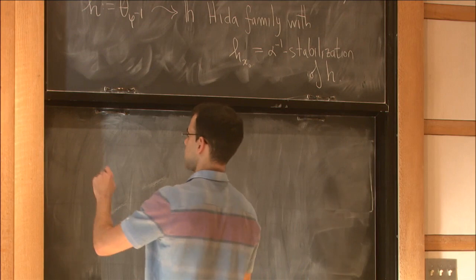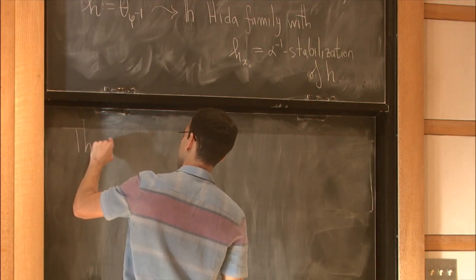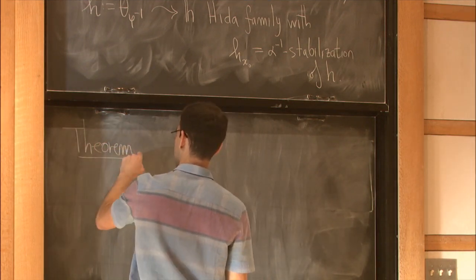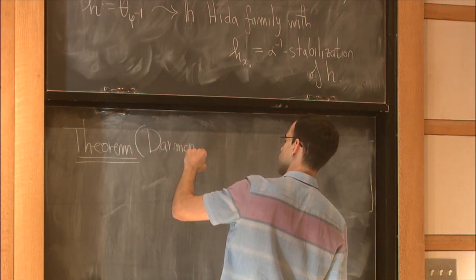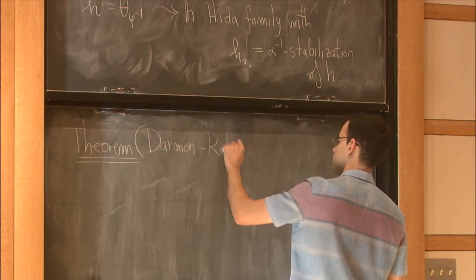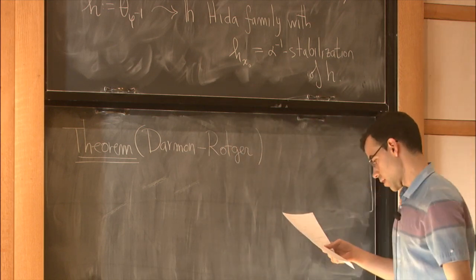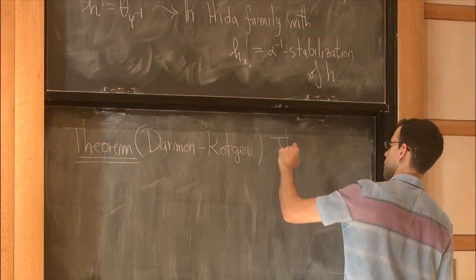In this setting, we have the following result of Darmon and Rotger. There exist the following three elements.